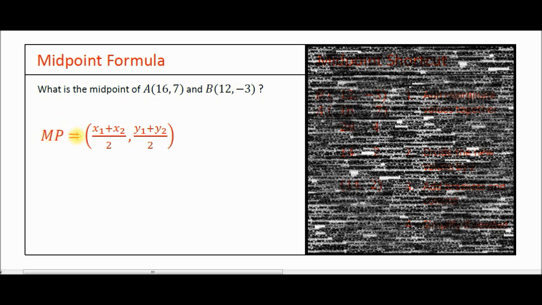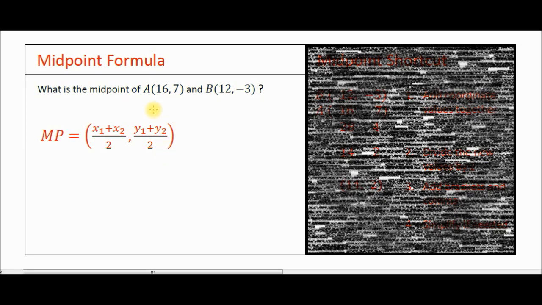To find the midpoint, we know that it's equal to the two x values added together divided by 2, comma, that'd be the new x value of your midpoint. And the new y value would be found by adding the two y values together and dividing by 2.